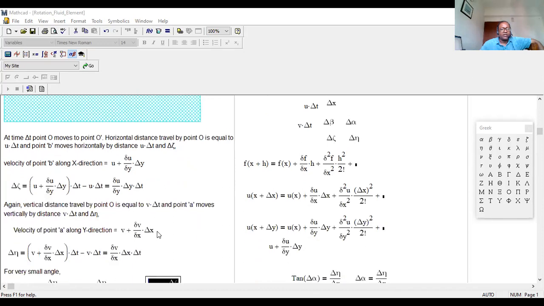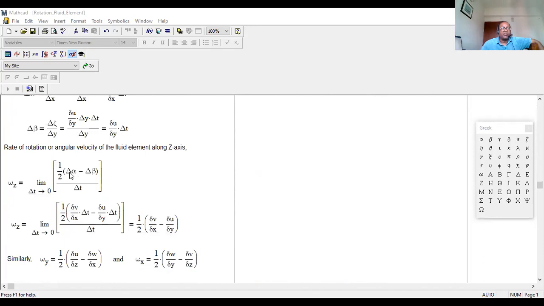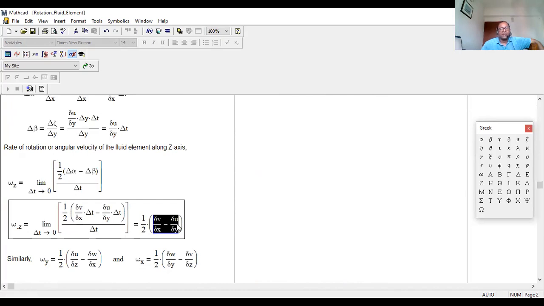And that one will take the half average, the average of del alpha minus del beta. Finally, we will get del v by del x minus del u by del y. Now you might have a question why we do this. Because we have to keep similarity with the previous formula. If you figure out the rotation along the z-axis, that will be 2 omega z, like 2 into angular velocity equals vorticity.